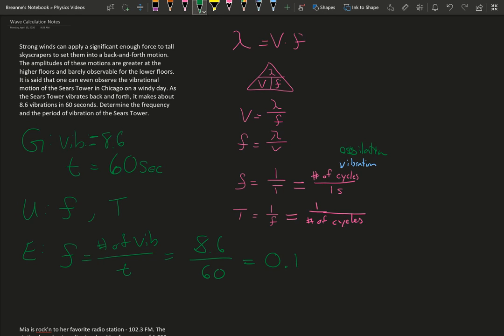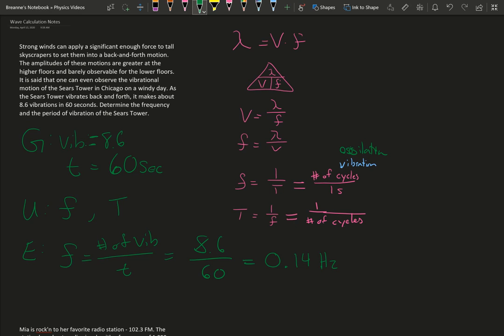So in 1 second, your frequency is 0.14. That hertz is basically vibrations over seconds. So that would be your frequency.